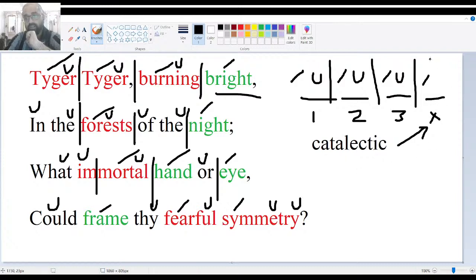If there is an incomplete foot containing one stressed syllable, it's called trimeter catalectic. So in this poem, The Tiger by William Blake, you have some lines that are catalectic. 1 2 3, so trimeter catalectic.